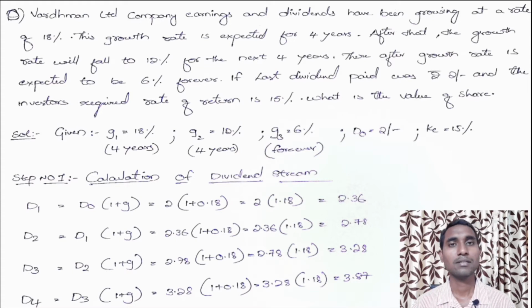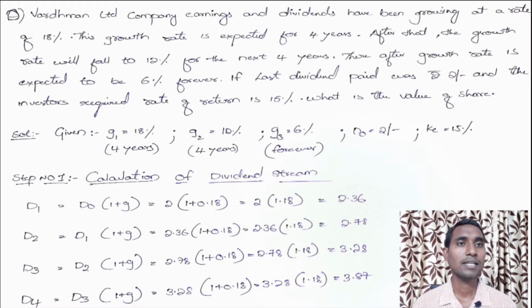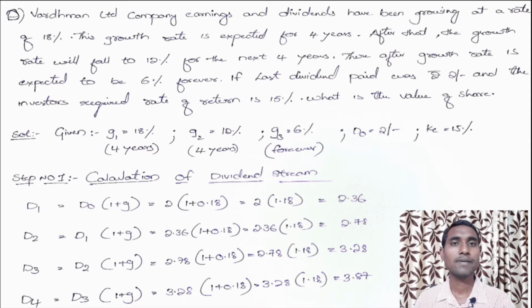So let us quickly read the question so that you understand the ingredients given in it. Vardhaman Limited Company's earnings and dividends have been growing at a rate of 18%. You can see he has given that the dividends are growing at 18%.